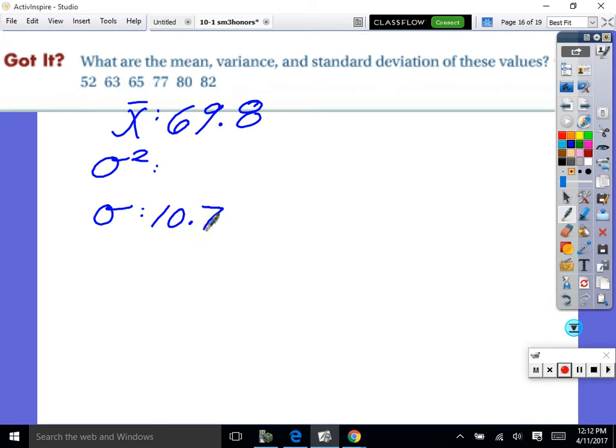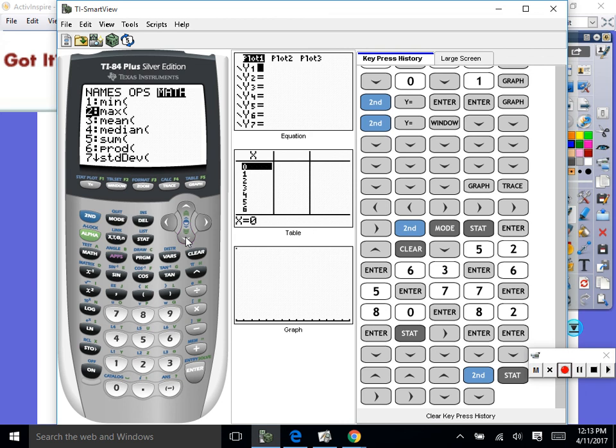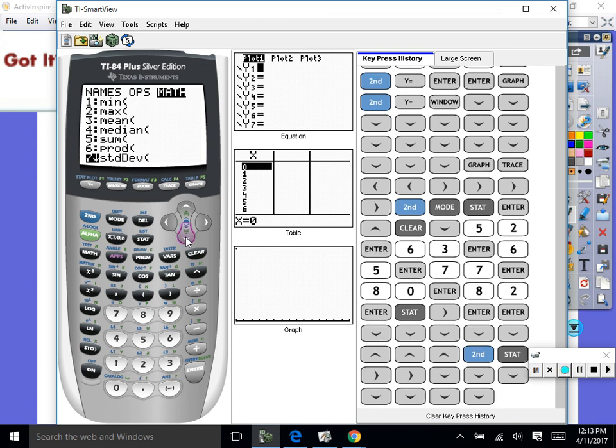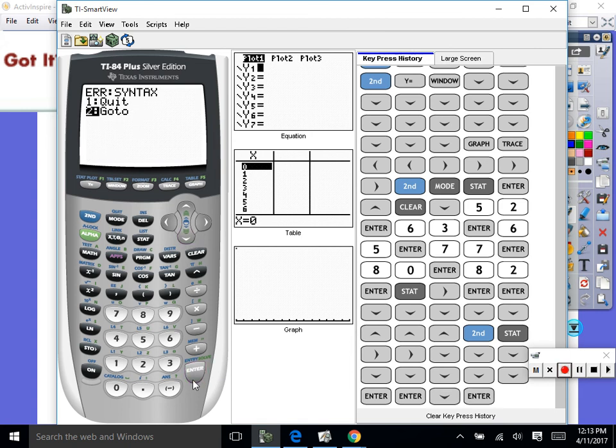Now to find the variance, you'll just square that. So 10.7 squared? Instead of doing what? Watch, I want to know. Oh, cool. I've never known that. So you said, second stat, go, oh. Cool. Variance of... you said push enter, enter.